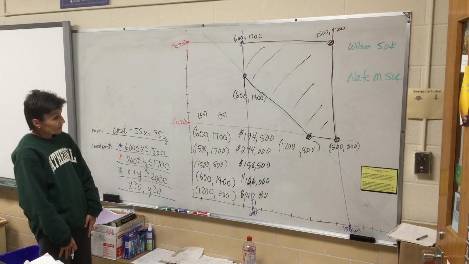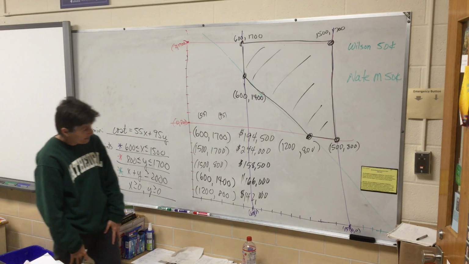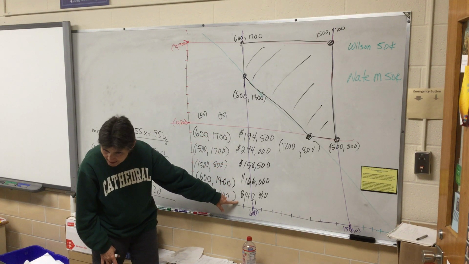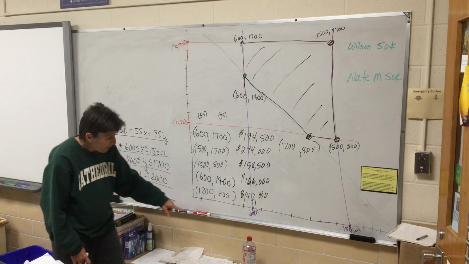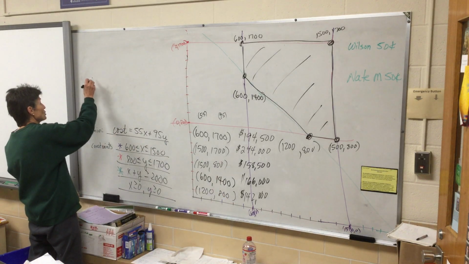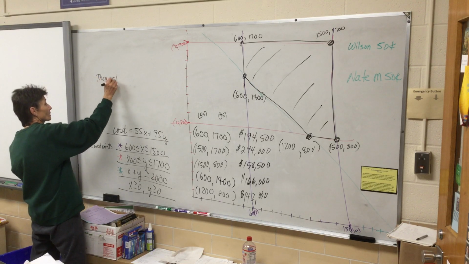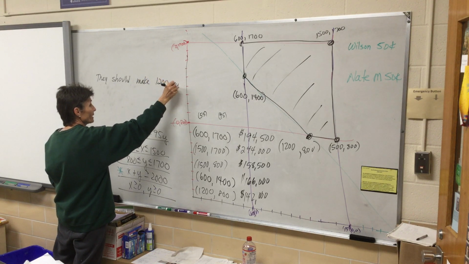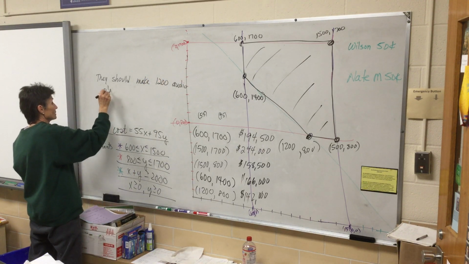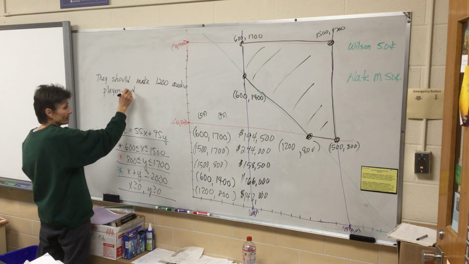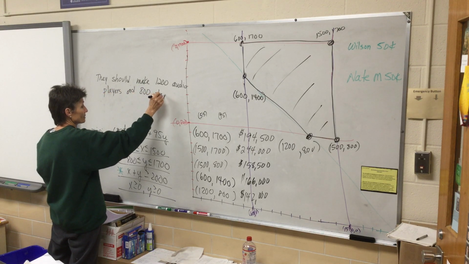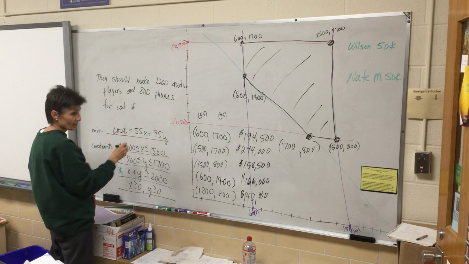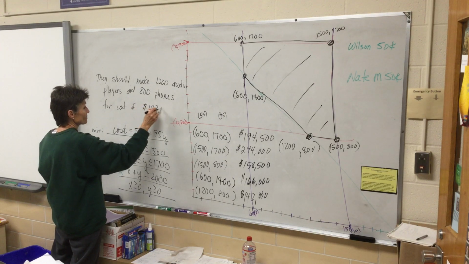Okay, well, remember, I am minimizing in this problem. So I'm going to look down through this list, and I think my last one is the minimum. So I'm going to tell this company they should make, I'm going to write a sentence, they should make 1,200 audio players and 800 phones for a cost of $142,000.